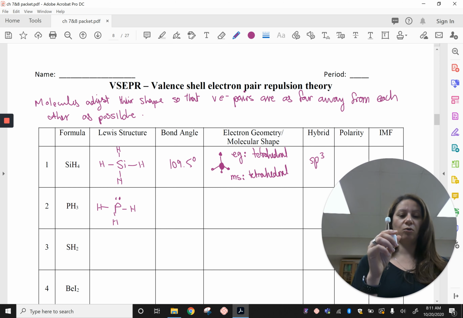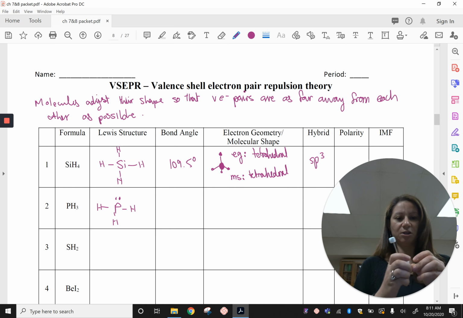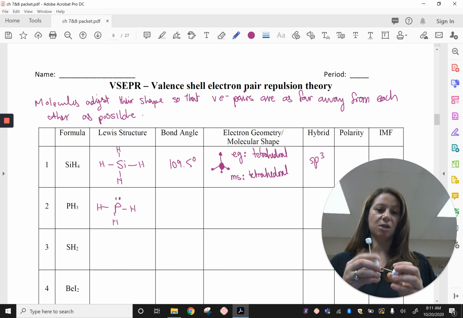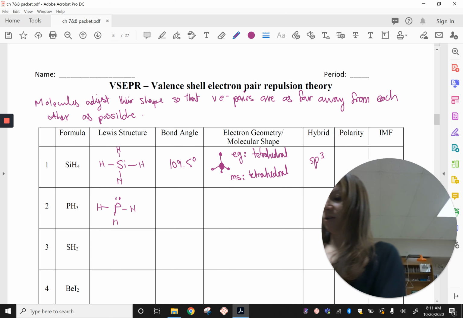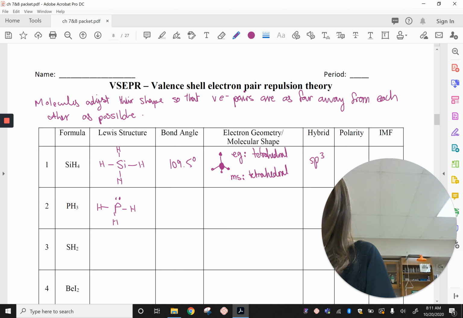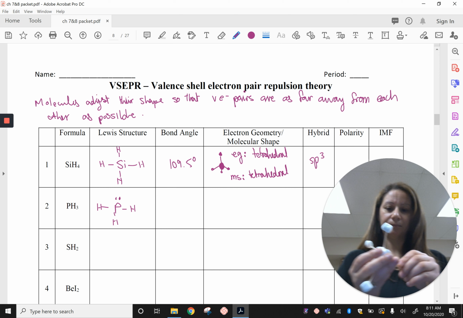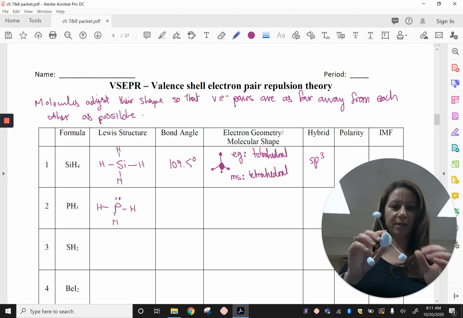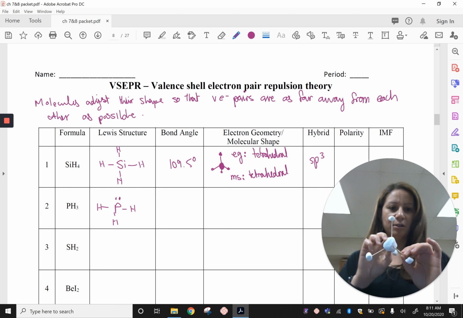So in your shape that you made, hopefully you made the tetrahedral. If not, then go ahead and make the tetrahedral with the 4 different bonds that we had for the SiH4. So like this, there's your tetrahedral.